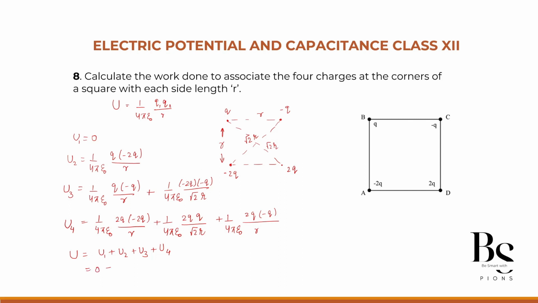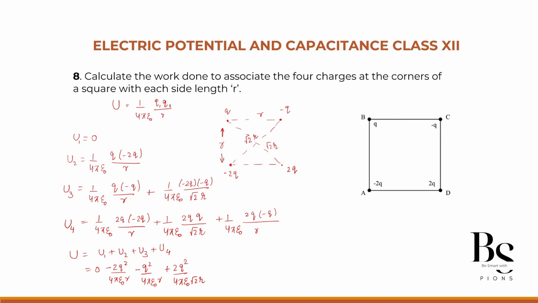Now minus into this will be minus 2q square upon 4 pi epsilon naught r. That is U2. U3, q and q, minus q square upon 4 pi epsilon naught r, minus minus plus 2q square upon 4 pi epsilon naught root 2r.